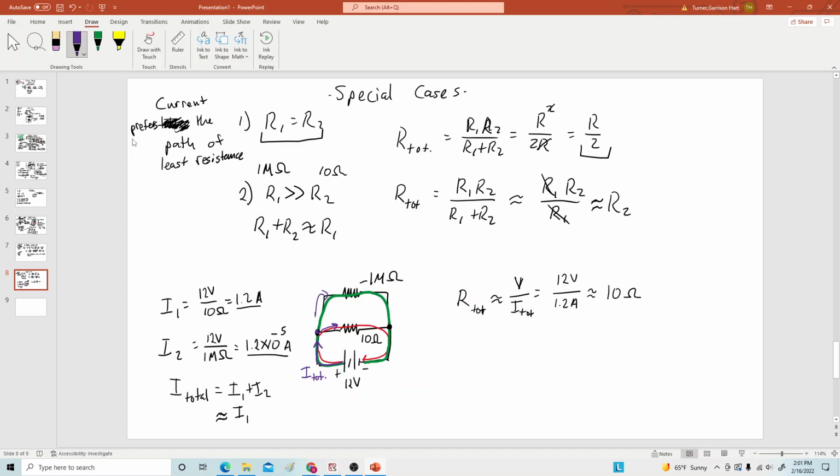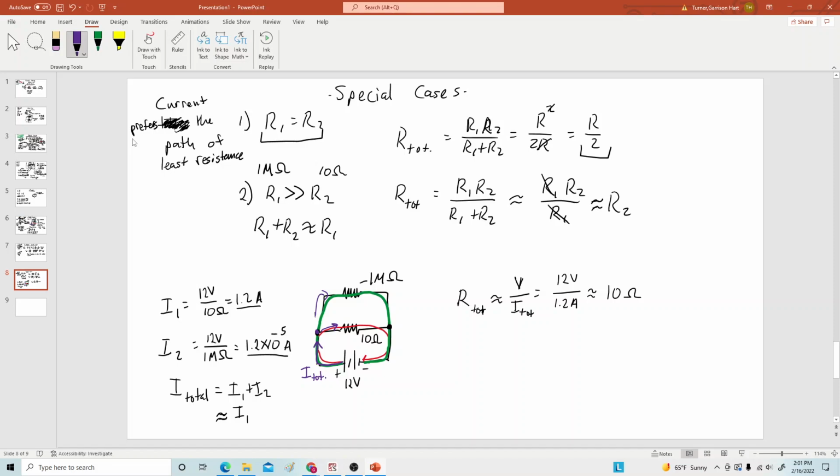The current will split itself based on the resistance that it sees. 10 ohms is much less resistance than 1 million ohms, so more of the current will be able to flow through this path. 1 million ohms is a lot of resistance comparatively, so very little of the current is going to be able to move through that path.